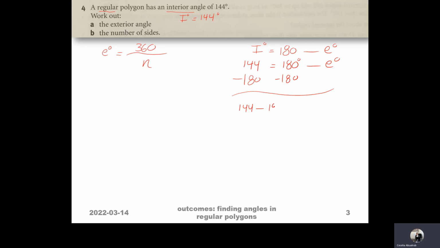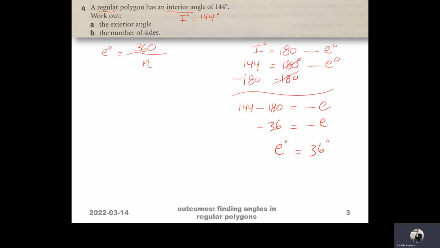So here it will be 144 minus 180 is equal to, these 180s are going to be cancelled, and minus E is left. So 144 minus 180, the answer will be minus 36, is equal to minus E. So E is equal to 36 degrees.